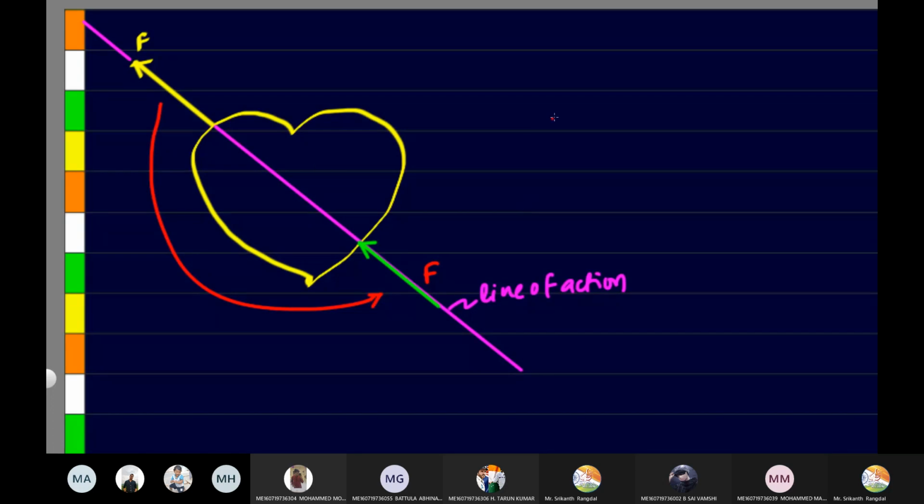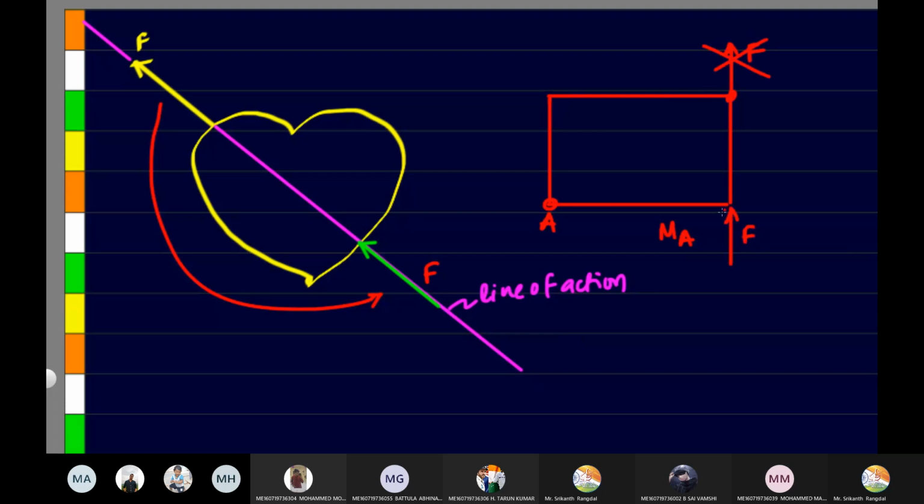Generally we use this in problems wherein the force is given here and we want to find the moment about this point, MA. Instead of pulling it from this point, we replace it with a force here. Then we can easily get the perpendicular distance. So this is where we apply the law of transmissibility.